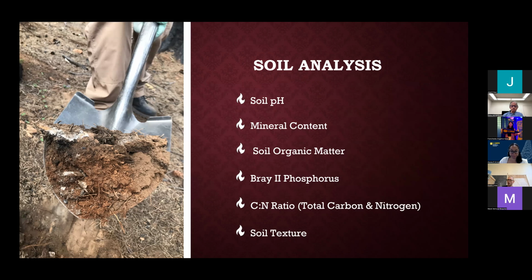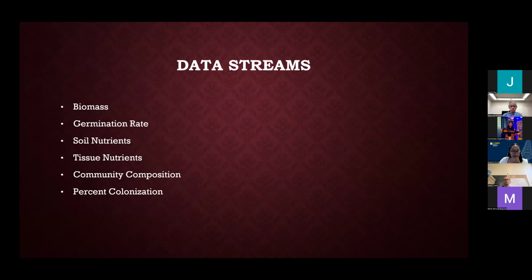We wanted to see how the soil pH had changed after the fire, soil mineral content, soil organic matter, Bray-2 phosphorus, which is total phosphorus in the soil, and then carbon to nitrogen ratio, as the C to N ratio for fungi is typically higher on the carbon side than the nitrogen side. So we wanted to look into that, as well as soil texture, to see if any basic soil texture had changed post-fire.